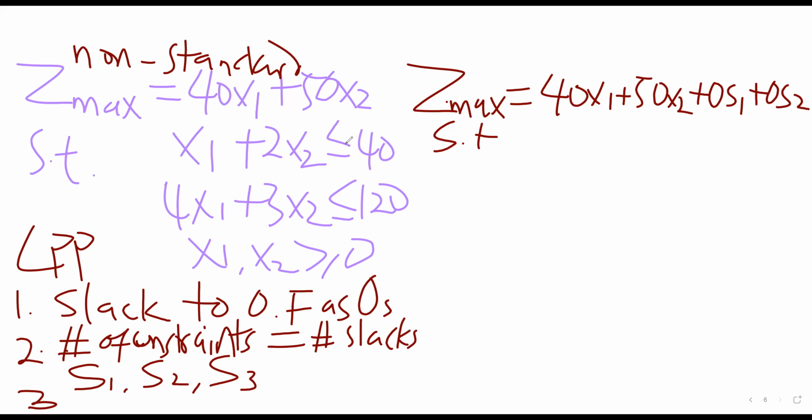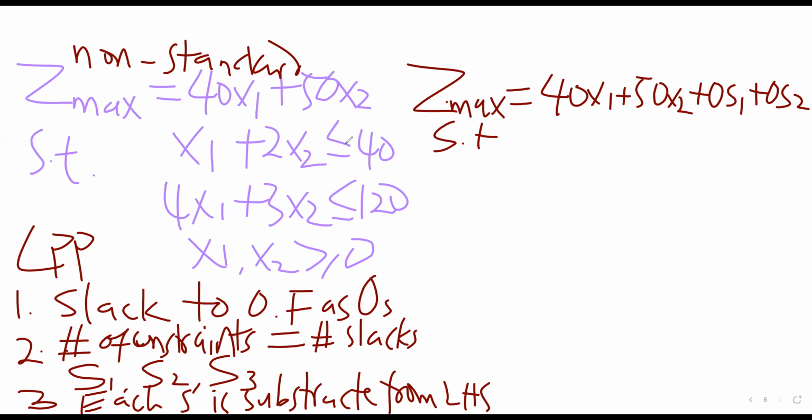Each slack is subtracted from the left-hand side of the constraint. And I'm using the word subtracted because we are dealing with maximization. So what is the left-hand side of the constraint here?